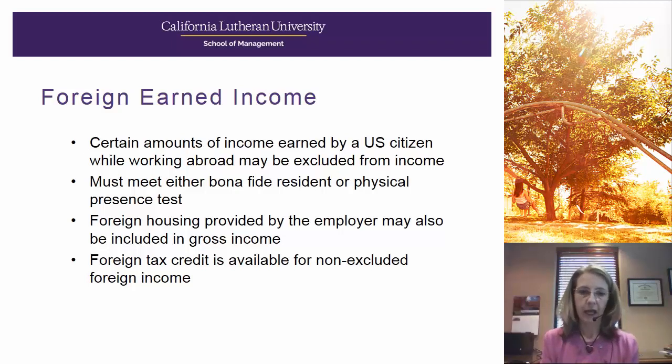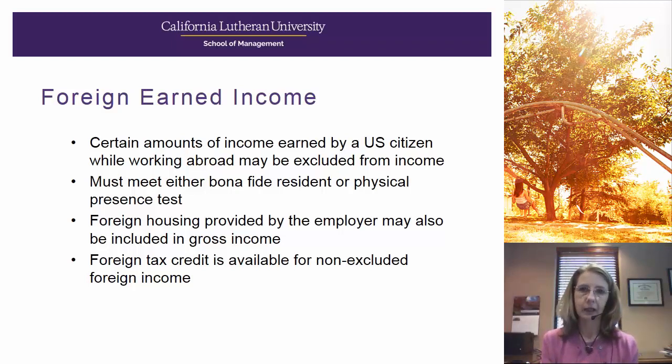And if an employee meets either the bona fide residence test or the physical presence test, in addition to having a certain amount of earned income excluded, the foreign housing provided by the employer may also be a benefit that is excluded from income. And most of the time we're talking about professionals, managerial and above, who are moving to a foreign country and working abroad.